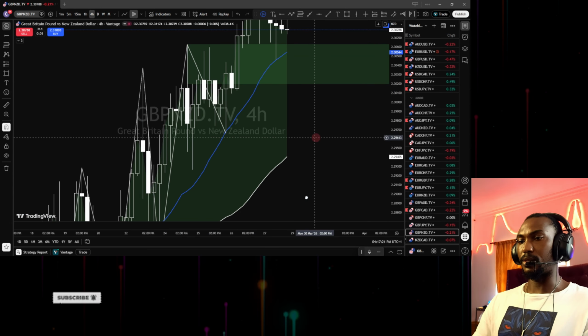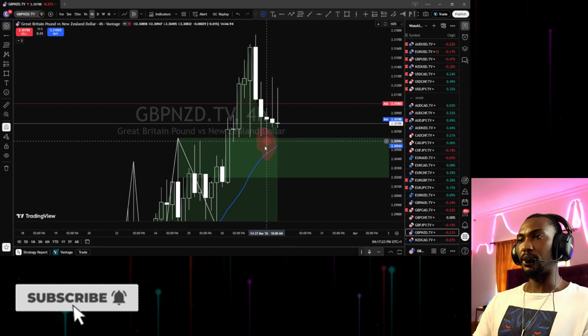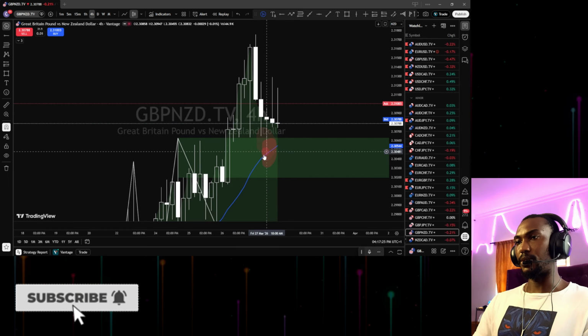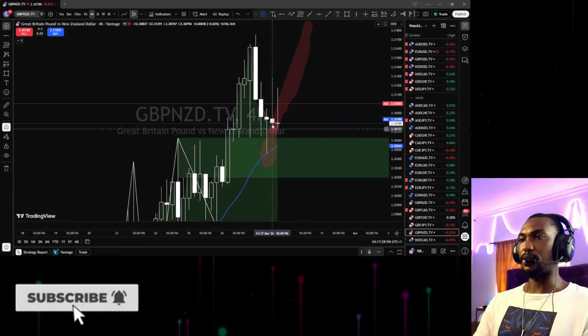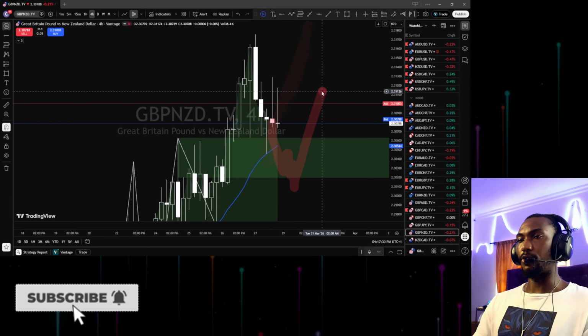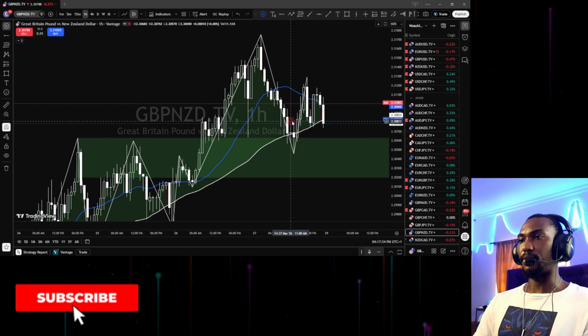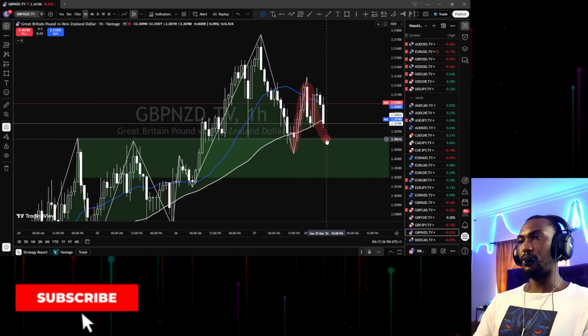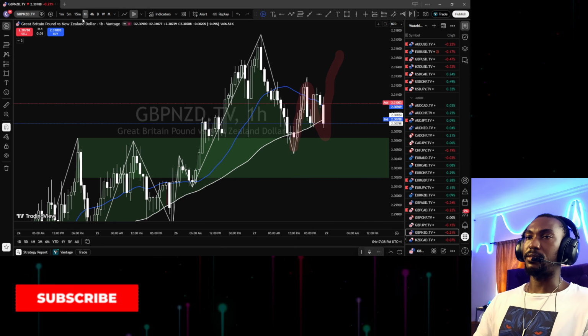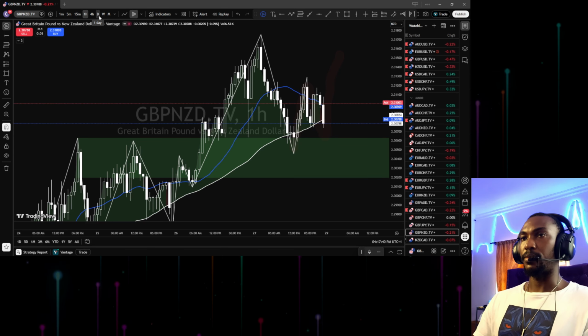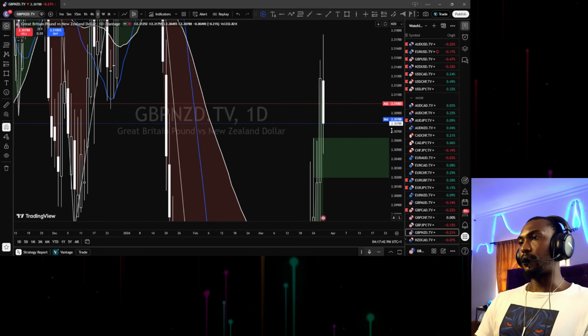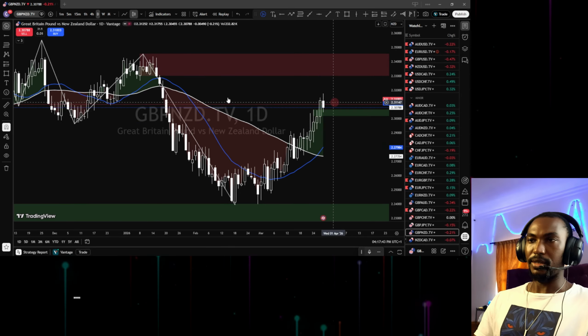Let me just zoom in. You can see price already retraced into it, but it doesn't mean price is going to keep running up all of a sudden, right? Price could still come down a little bit before moving up. The only way I can see that is on the 1 hour chart, right? So if I see price do this on the 1 hour, then it's something I could buy into. But apart from that, I don't see how I can trade this market.